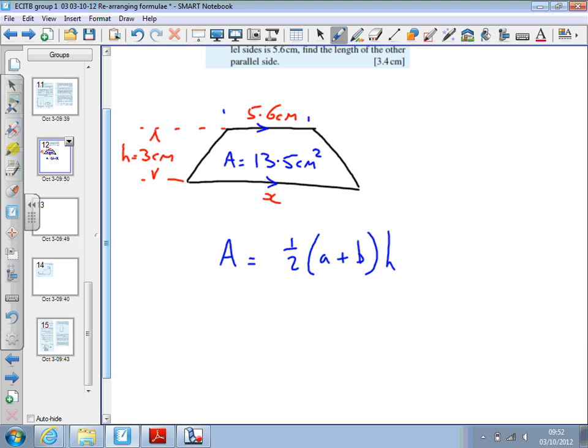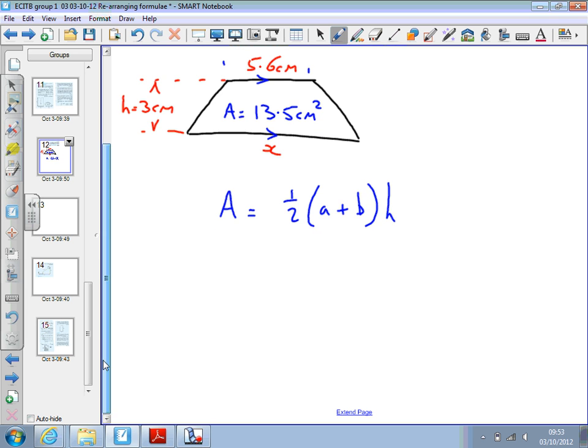Now we have a problem because we've got to rearrange this formula, because we're after one of these sides, look. You can either rearrange the formula or you can plug the numbers in and treat it like a little equation, and we'll be looking at equations. So let's go down the equation route first of all.